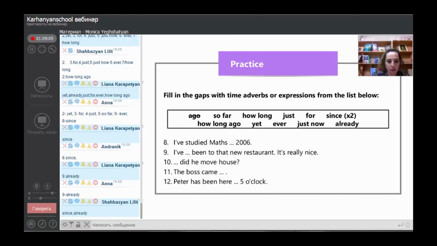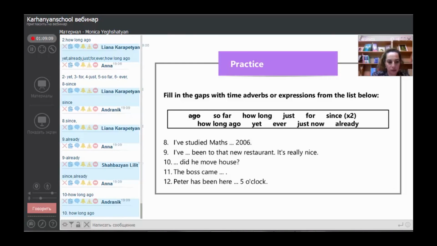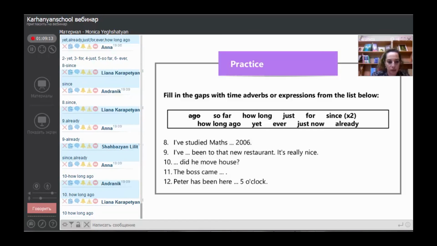The 10th one. Yes, how long ago? How long is used with perfect, while how long ago is used with past simple.